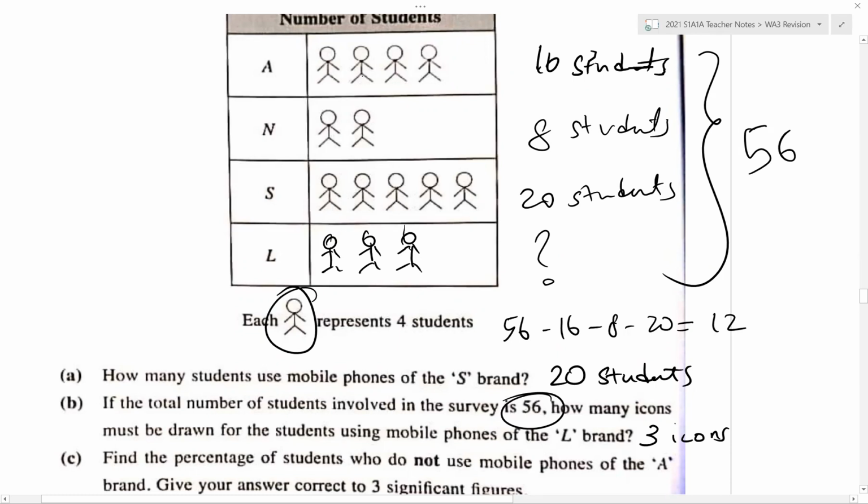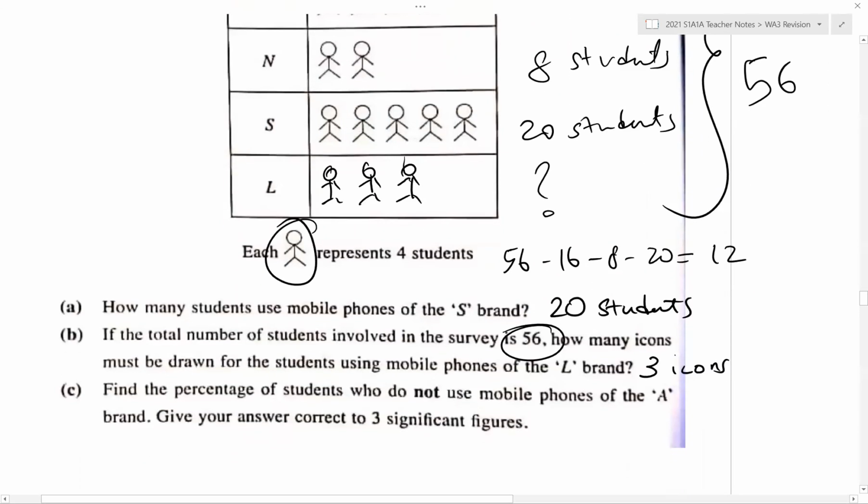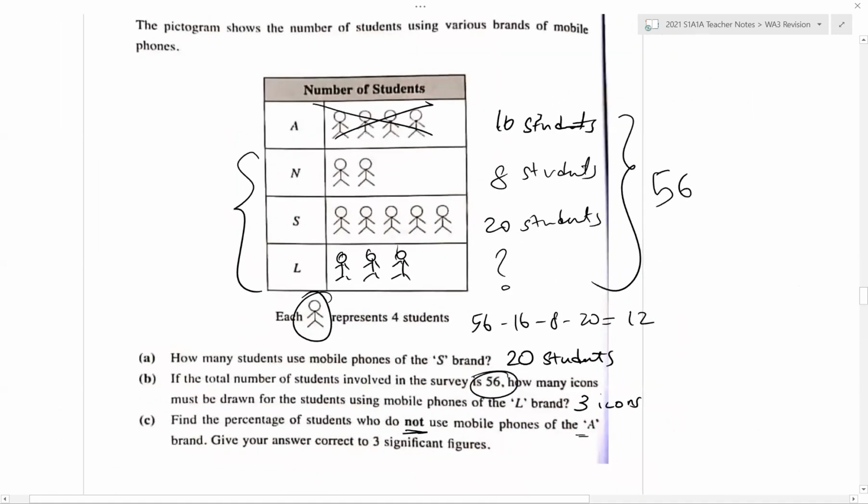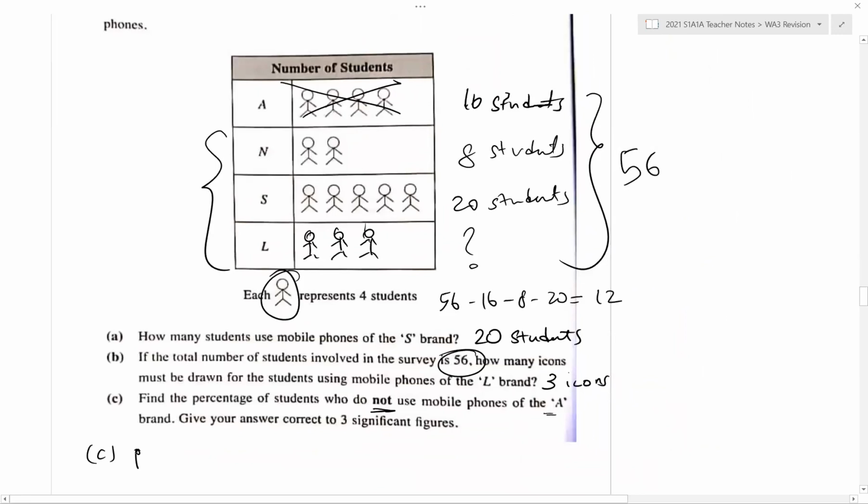Okay, any questions so far? We get a total of 56. If I were to draw 3 stickmen, you can calculate that yourself. Find the percentage of students who do not use mobile phone of the A brand. If they don't use the A brand, then we're only interested in the rest. So the percentage will be, you take 8 plus 20 plus 12.